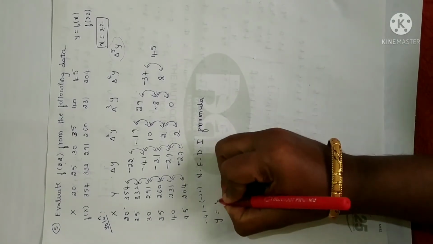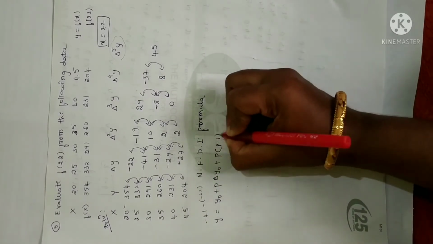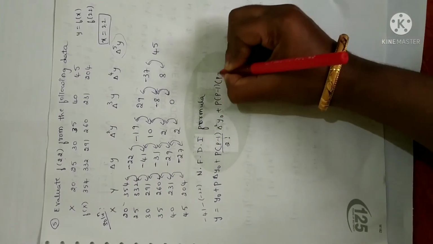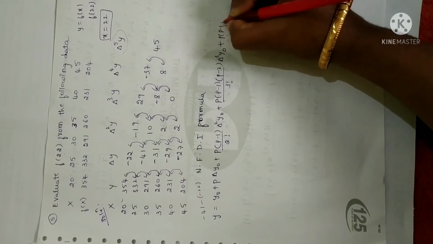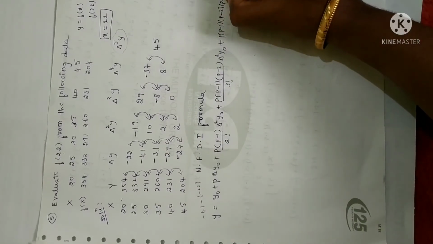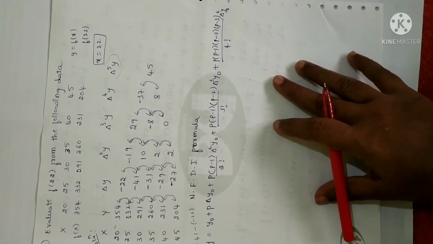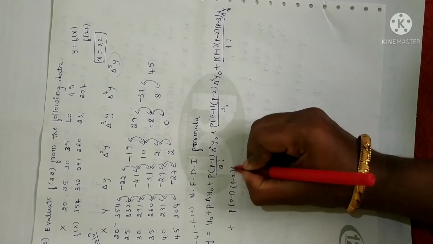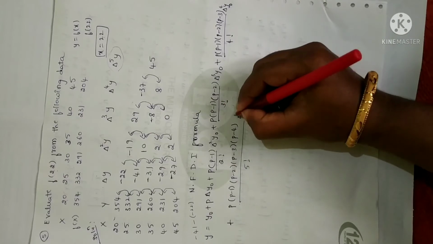Newton forward difference interpolation formula is given by y is equal to y naught plus p into delta y naught plus p into p minus 1 divided by 2 factorial into delta square y naught plus p into p minus 1 into p minus 2 divided by 3 factorial into delta cube y naught plus p into p minus 1 into p minus 2 into p minus 3 divided by 4 factorial into delta power 4 of y naught plus fifth term is p into p minus 1 into p minus 2 into p minus 3 into p minus 4 divided by 5 factorial into delta power of 5 of y naught.